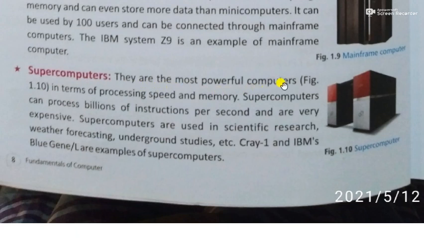They are the most powerful computers in terms of processing speed and memory. They can process billions of instructions per second, and are very expensive. If you are working with a computer and you open 2-3 browsers or do any other 2-3 activities, the computer's processing will be very slow.